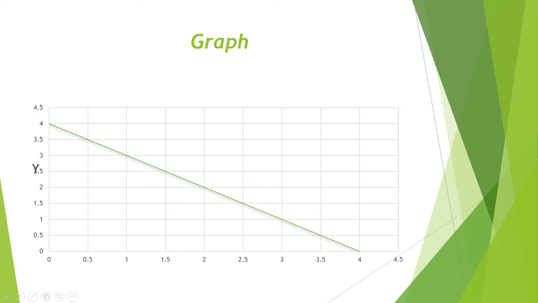For example, the income of the consumer is rupees 50 and price of good 1 is rupees 10. The price of good 2 is rupees 15. Then the budget set equation is 10x1 + 15x2 ≤ 50.